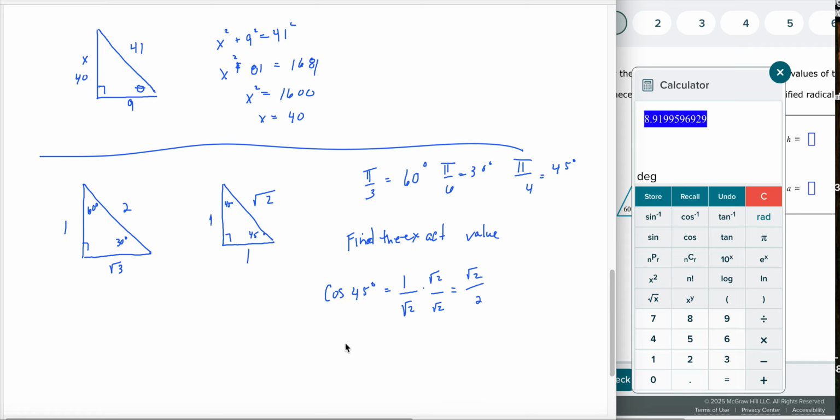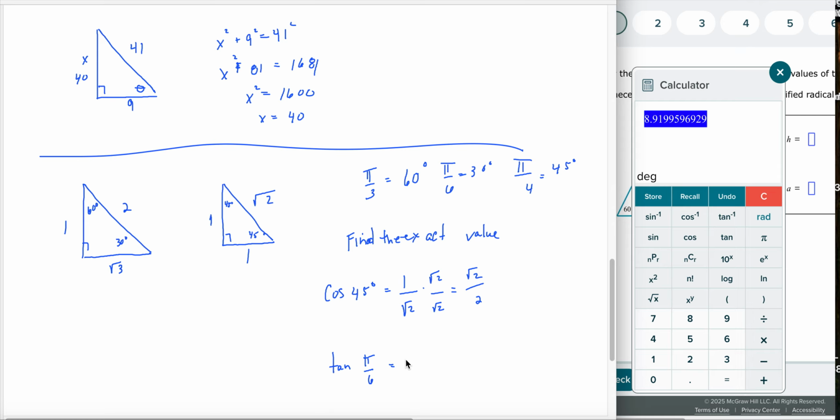You could be asked to find tangent of pi over 6. And so again, the triangle isn't typically given. These are two triangles that you want to memorize and know off the top of your head. So remember, this is the same as 30 degrees. So I'm looking at this triangle. Tangent is opposite over adjacent.